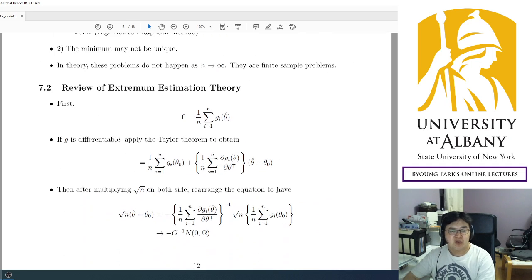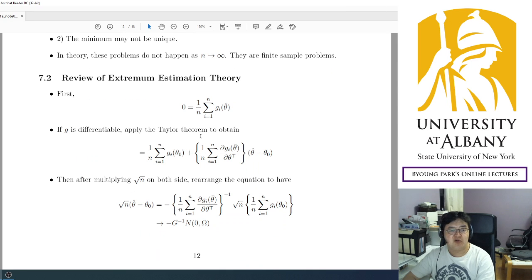And before going to the asymptotic normality, I will review what we have done earlier. So first, we started from the first order condition. Suppose that we have this kind of first order condition, and if this is differentiable everywhere, you may linearize, approximate this function to a linear function like this.